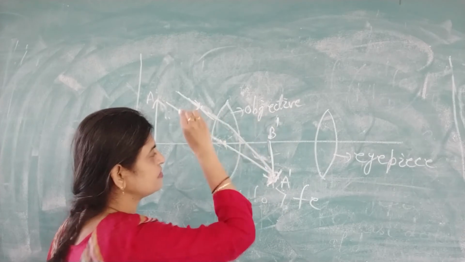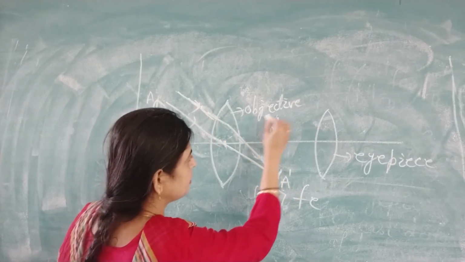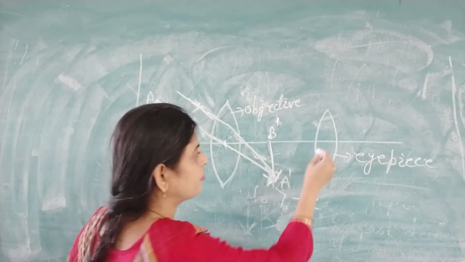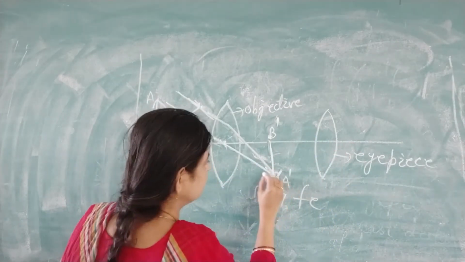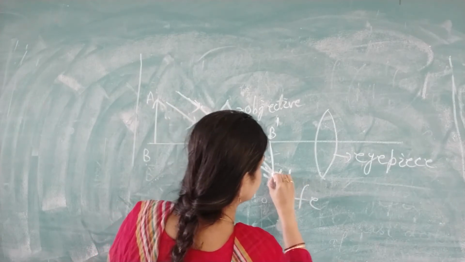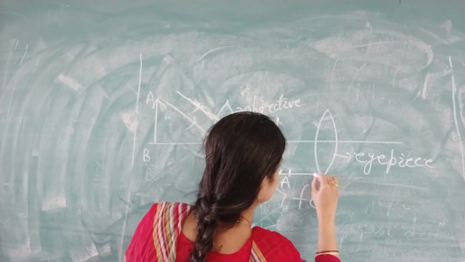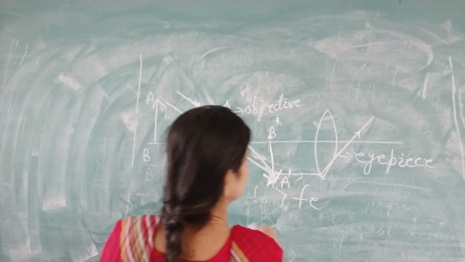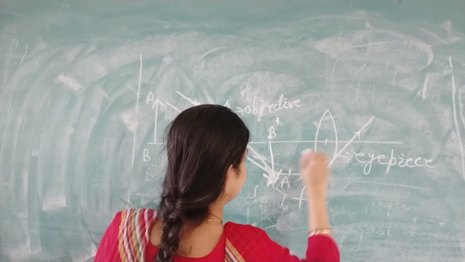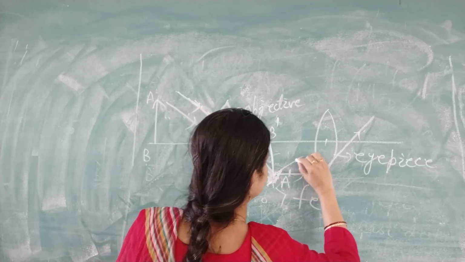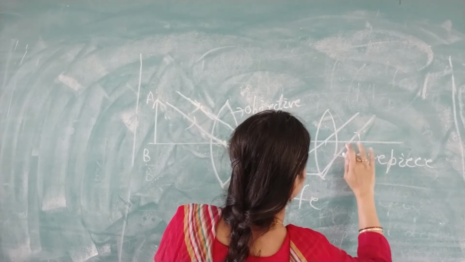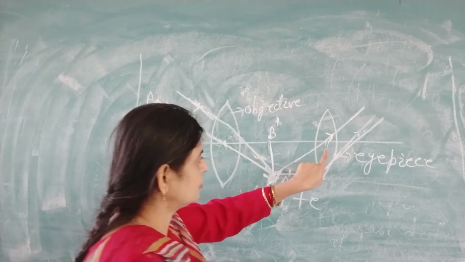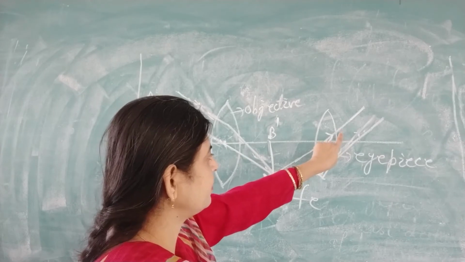Now, according to the principle, this image A dash B dash will act as an object for the eyepiece. So, this is your incident ray and this is your refracted ray. This is another which is passing through your optical center and that will be undeviated.